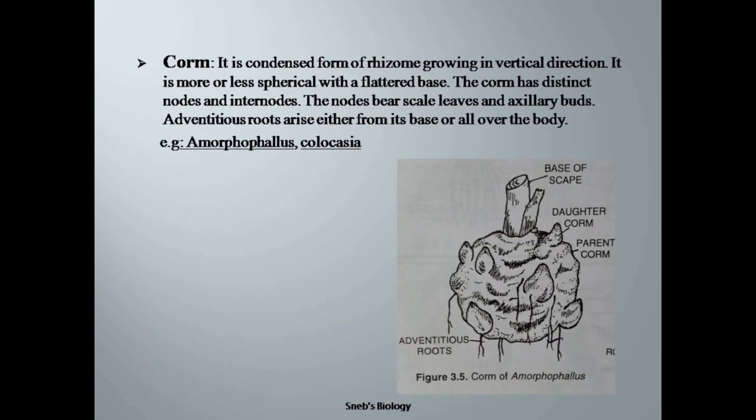Now comes the third underground modification, corm. It is a short and thick, highly condensed, swollen, usually unbranched underground stem. The corm bears buds at nodes and adventitious roots at the base. Each corm gives rise to one or more aerial shoots from its bud.